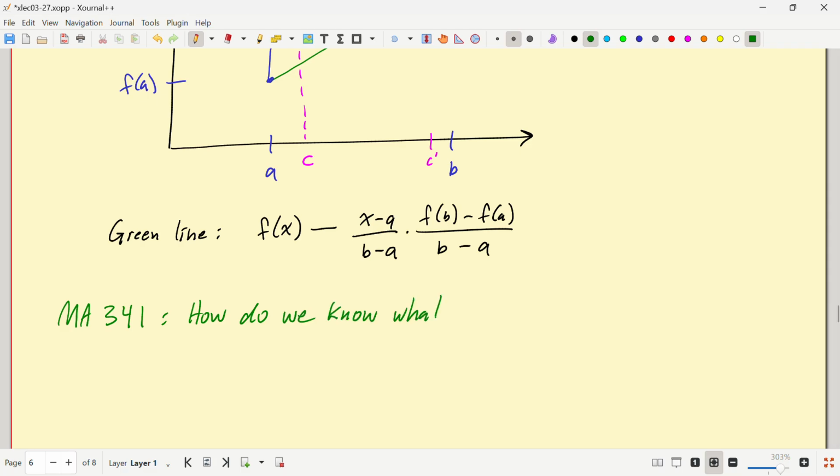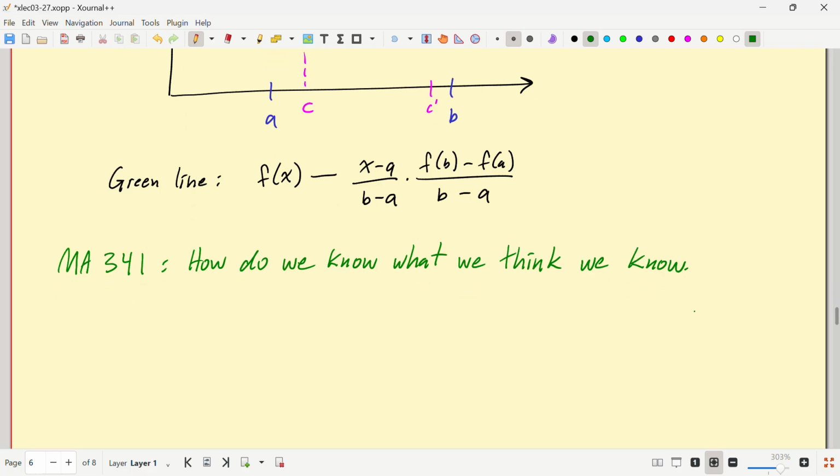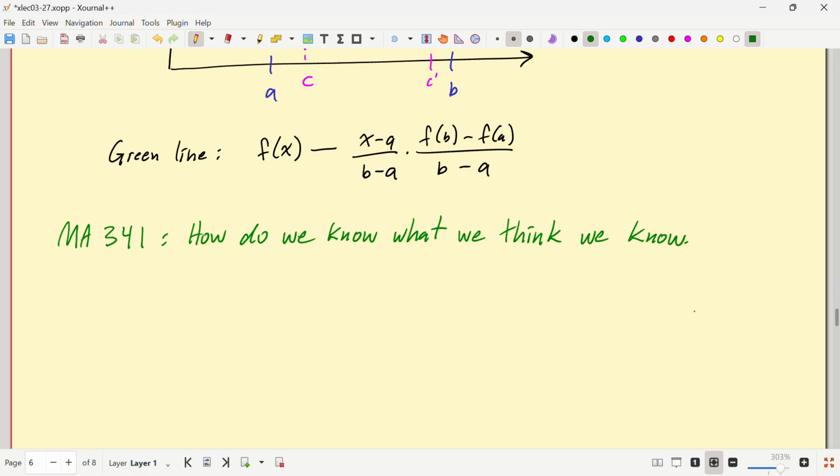In freshmen, it's hard to convince them that it's important to think about those things. But I'm trying to convince freshmen this is important, and I should demonstrate this theorem.